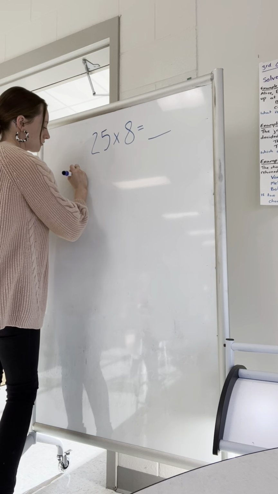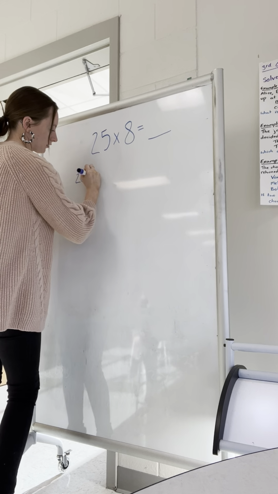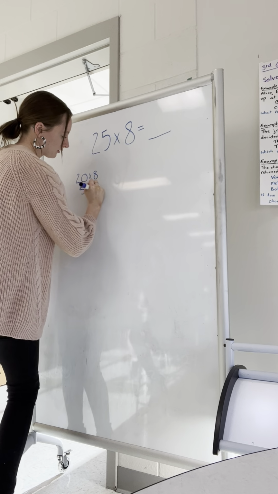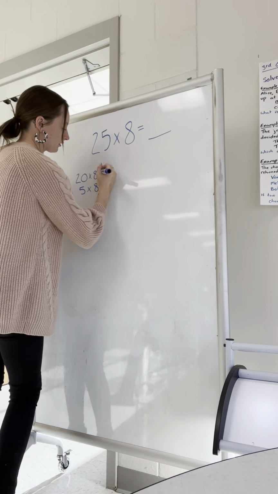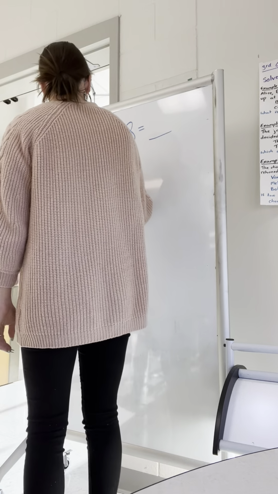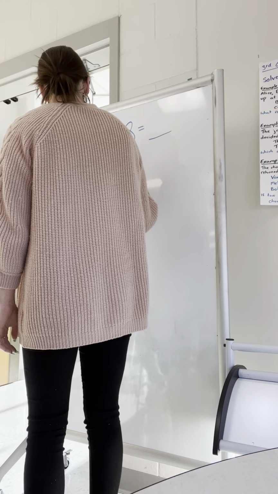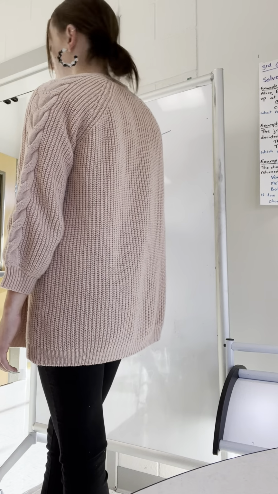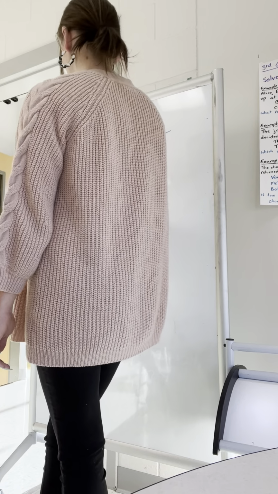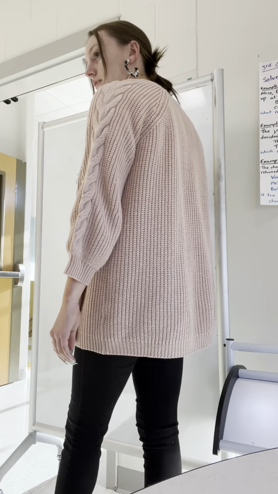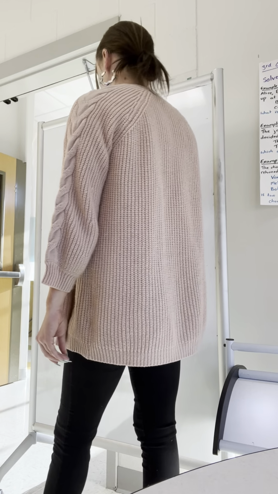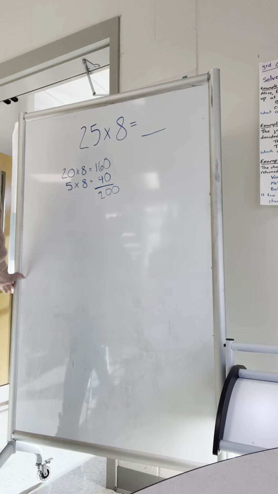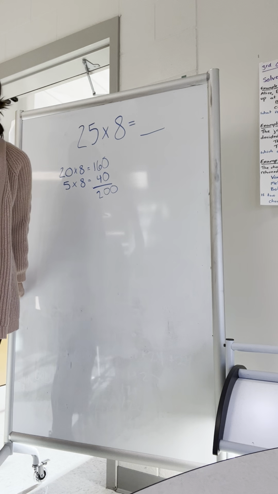So you worked out your problem like this. 20 times 8, you got 160, I'm assuming. 5 times 8, what did you get? 5 times 8, and then you add together and you get 200. Okay. Did anyone else have a different way?